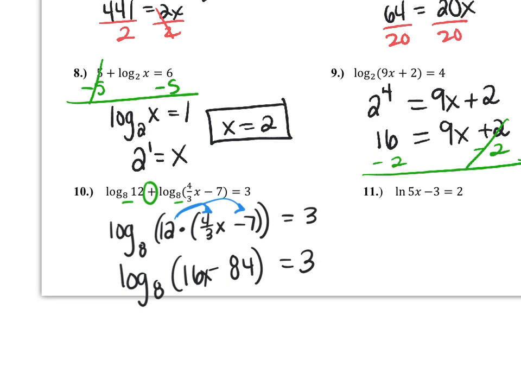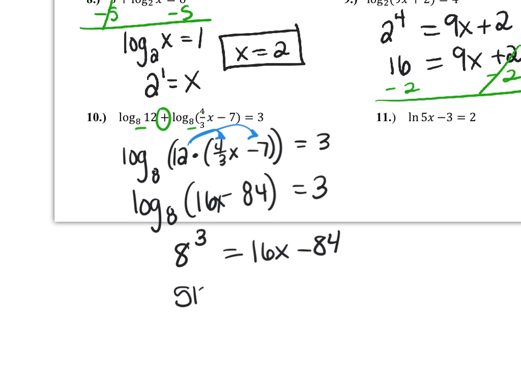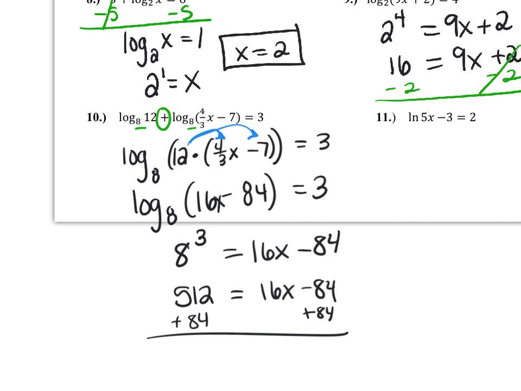Okay, now I've got my log. It's down to 1 log on the left, so I can rewrite it in exponential form. 8 to the third power equals my argument. 8 to the third is 512. Then add 84 on both sides, plus 84. 596.